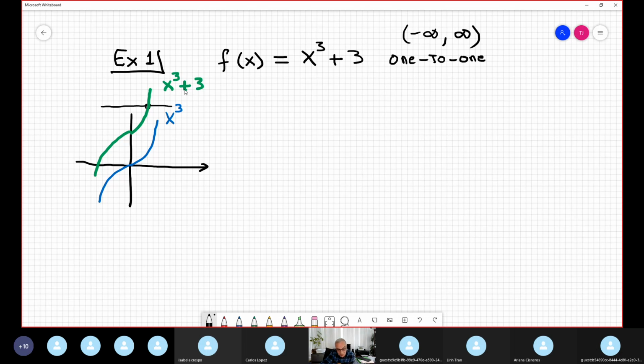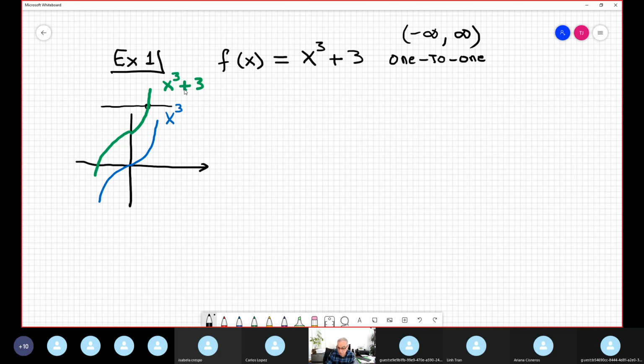Not necessarily only square root. Any root with an even index, like 4th roots, 6th roots, and so on. But for cubic root, fifth root, no, we have no restriction. Okay, so now step number 1 is accomplished. It's done. The function is 1 to 1.